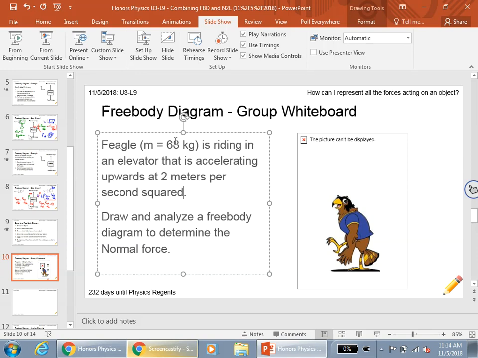You can just start at the equation part. How could you figure out how much this needs to be? What's up? 12 o'clock.